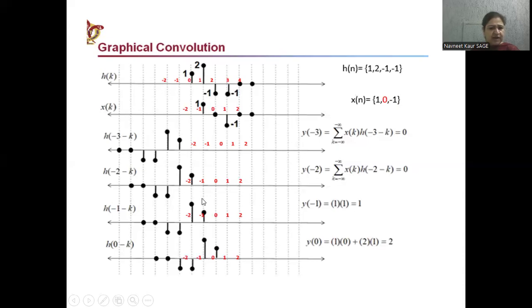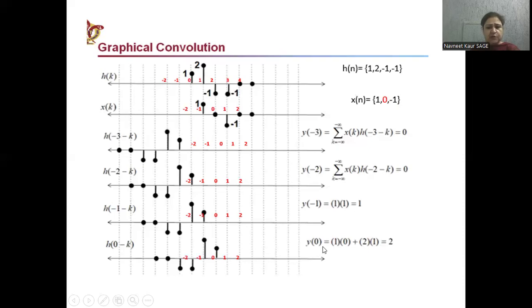So here 1 into 1 will be 1. This sequence does not have any samples before minus 1, whereas the other sequence does, so when we multiply, the product for those samples will be 0. We have only one sample, 1 into 1, which is 1.